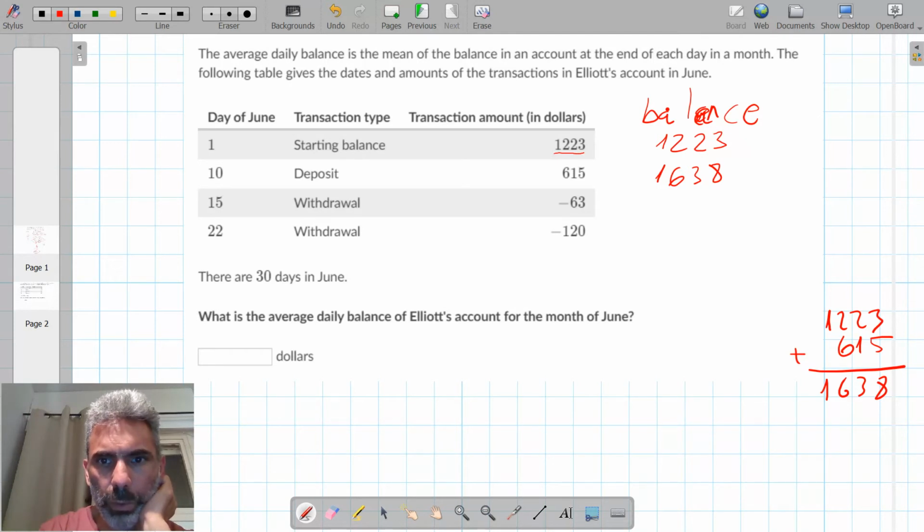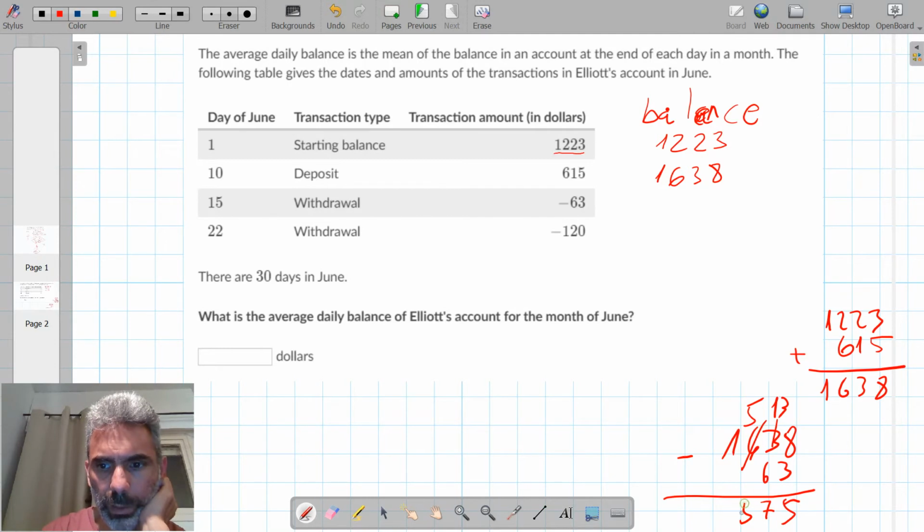Then he withdrew $63. So 1,638 minus 63: 8 minus 3 is 5, 13 minus 6 is 7. So now the balance is 1,575.